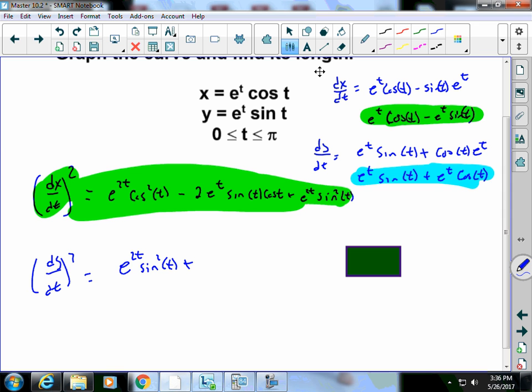So I end up with 2 e to the 2t sine t cosine t, plus e to the 2t cosine squared t.